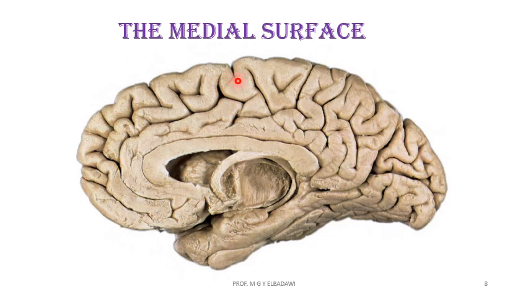That is the central sulcus here. And this is the paracentral lobule. As we said, the area for lower limb, the motor area and the sensory area of the lower limb.